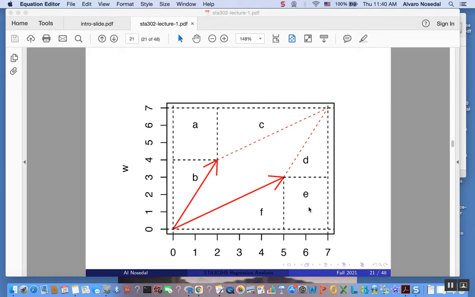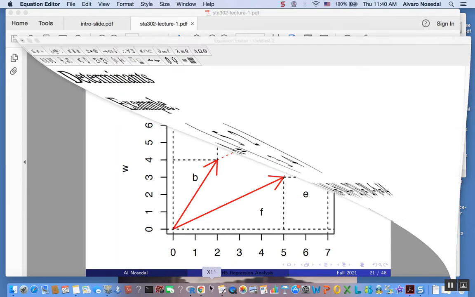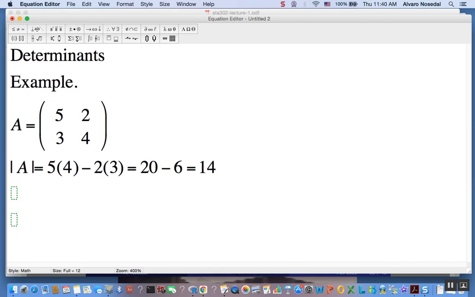Okay, so the area of our region of interest.